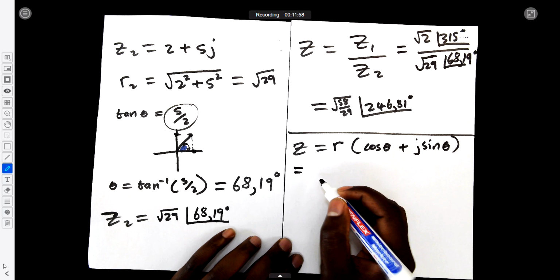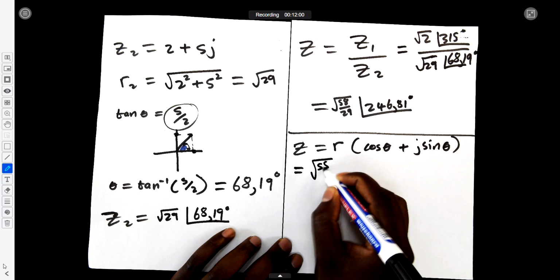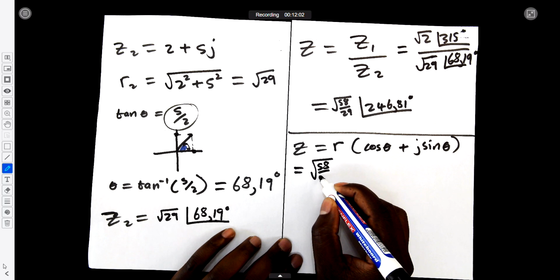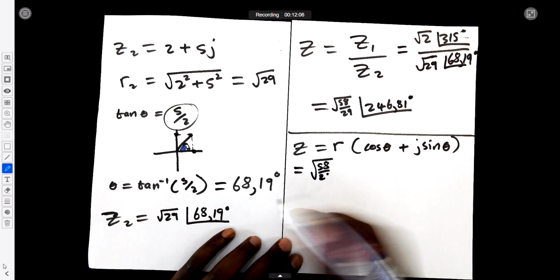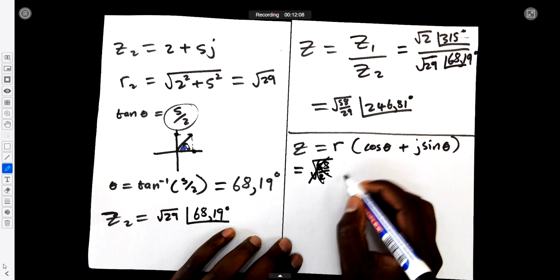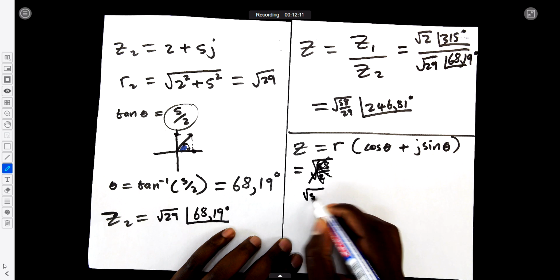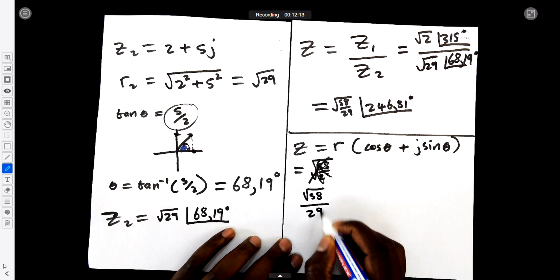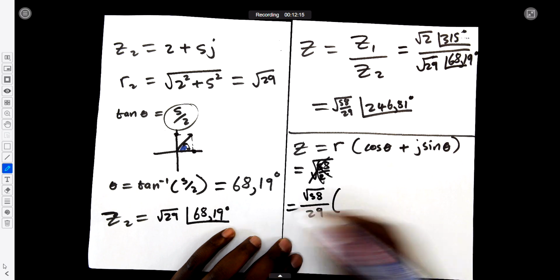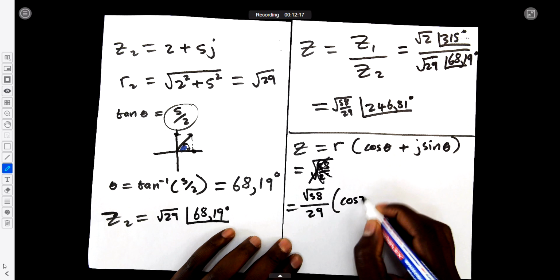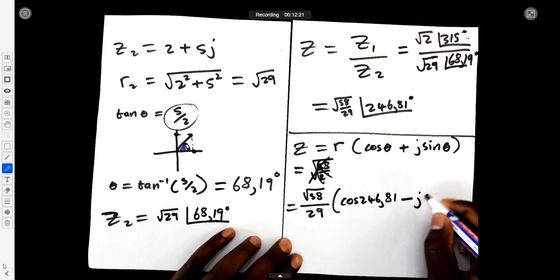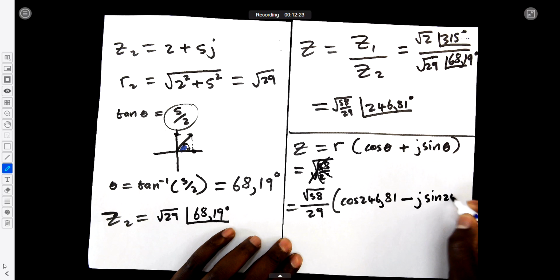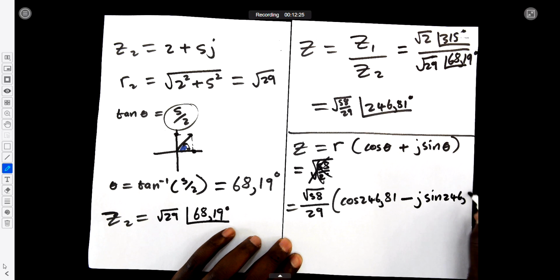So when we substitute, R we said is root 58 over 29 into cos 246.81 plus j sine 246.81, close bracket.